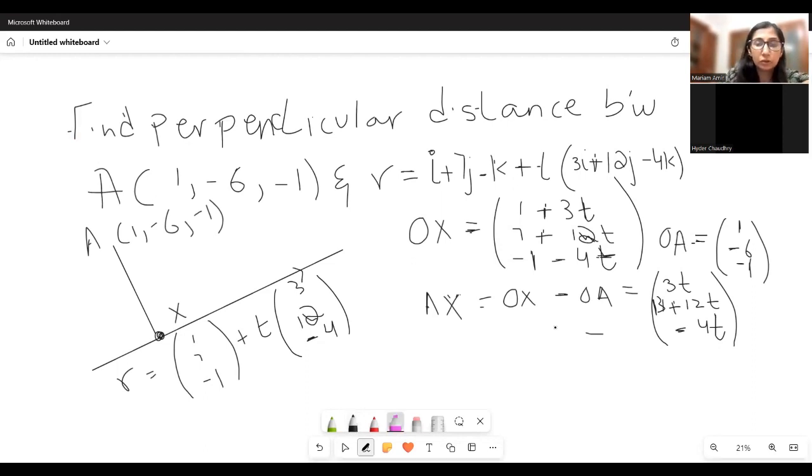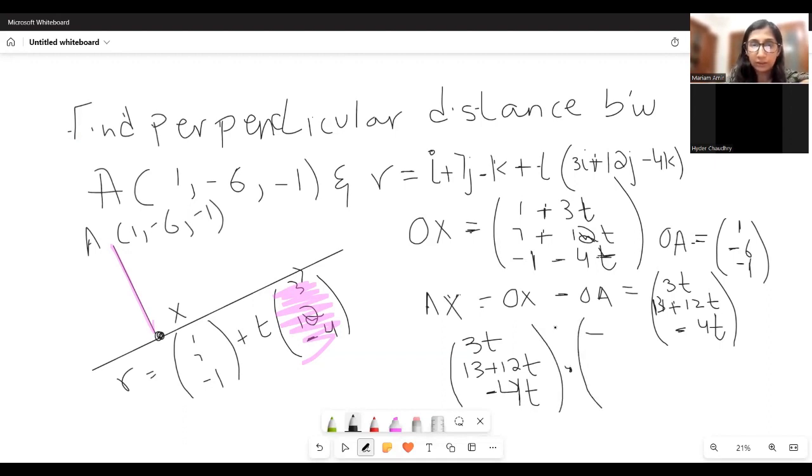Now we know that the dot product between AX and this direction vector is going to be 0. So 3t, then 13 plus 12t, then minus 4t, dot 3, 12, minus 4 will be equal to 0.